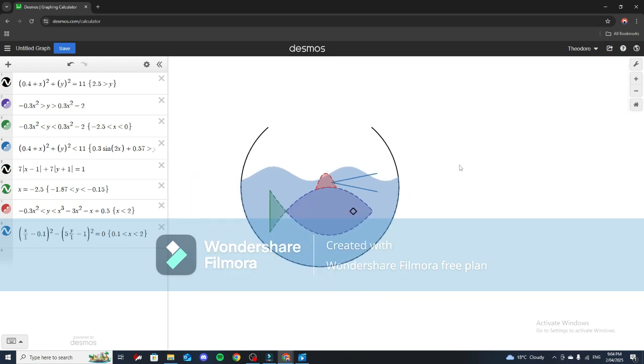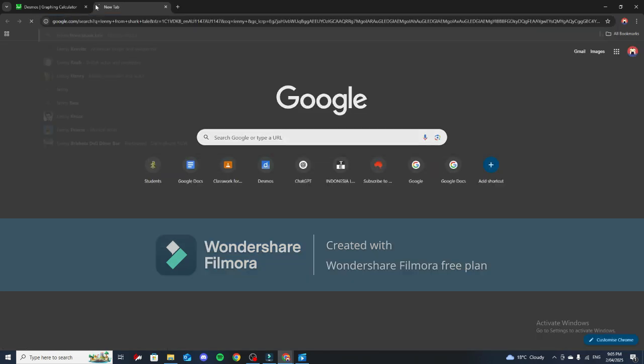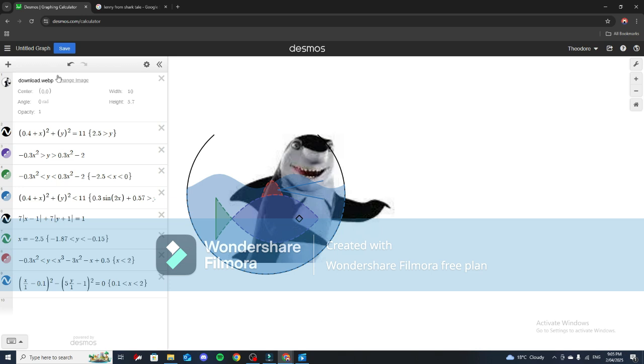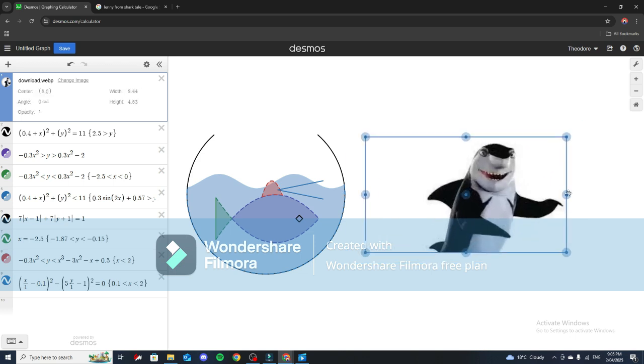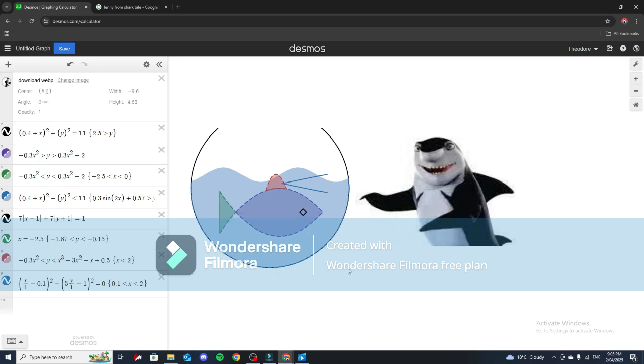An optional thing that I optionally did was I added Lenny from Shark Tale, just to show my fish in the workplace doing his job and everything is working very well.